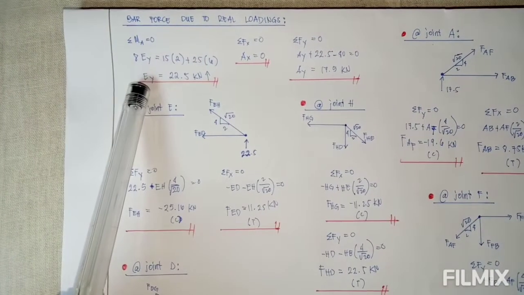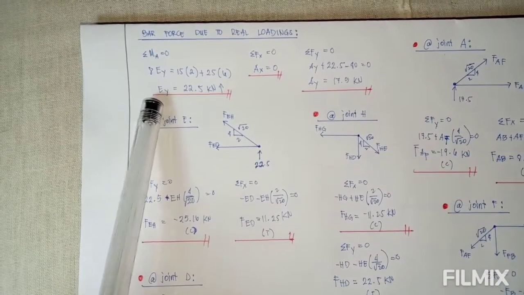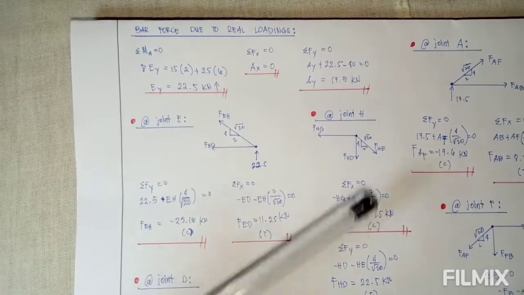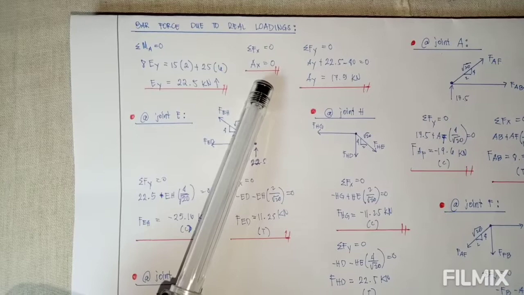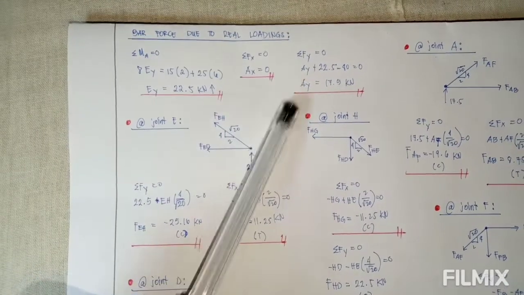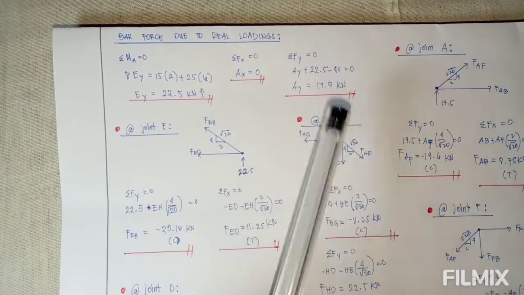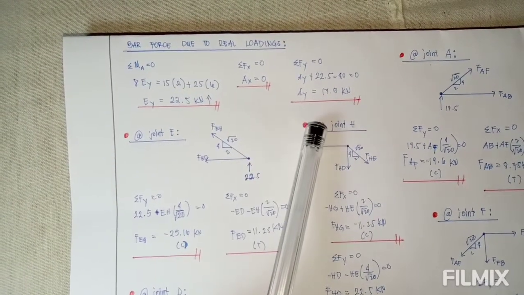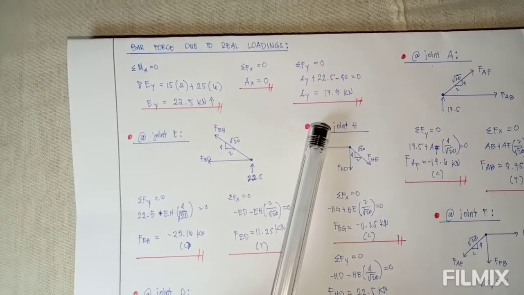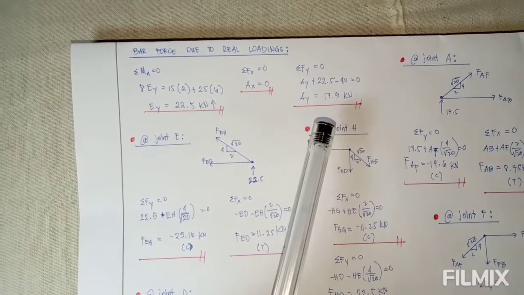We have the reaction value of AY equal to 22.5 kilonewton in upward direction, and AX equals 0 since there is no other reaction that will contradict AX. And for EY, we have 17.5 kilonewton.